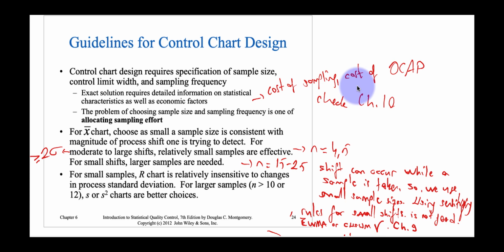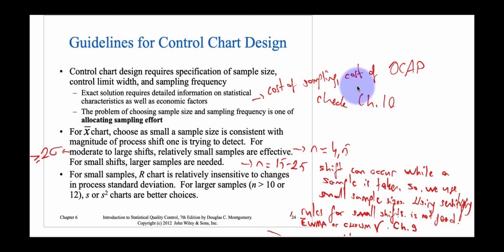Okay, and for small samples, our chart is relatively insensitive to changes in process standard deviation, right? Because when we take the range value, x max minus x min, when we use small samples, it doesn't change so much.